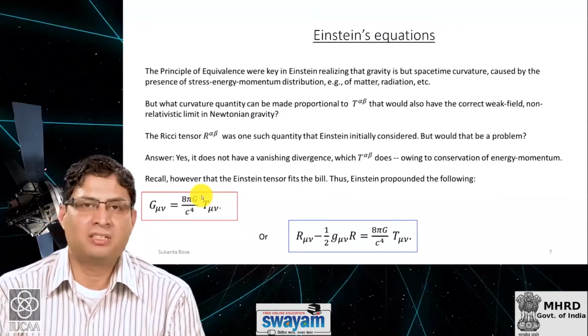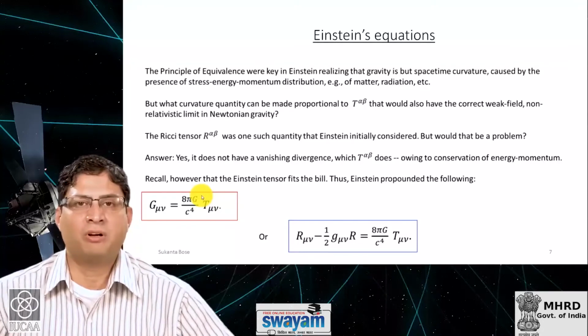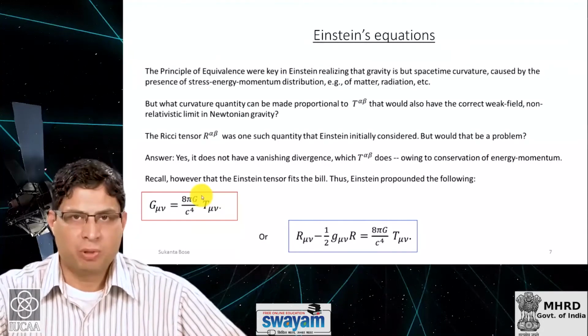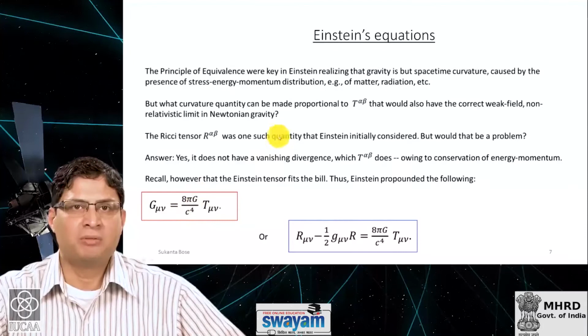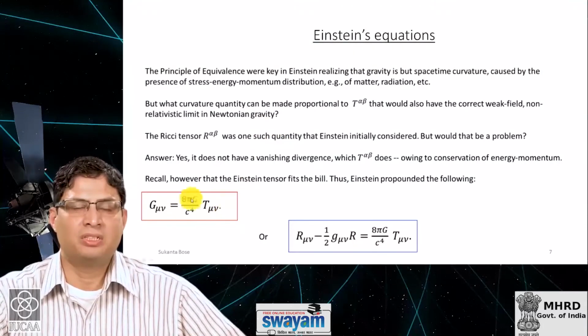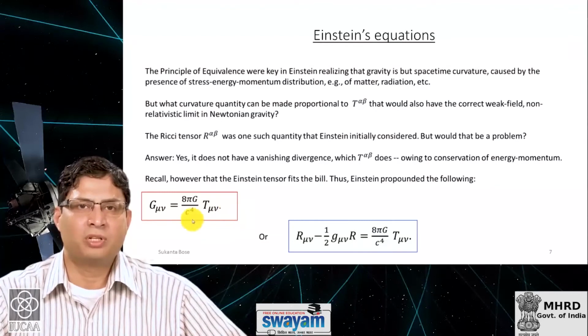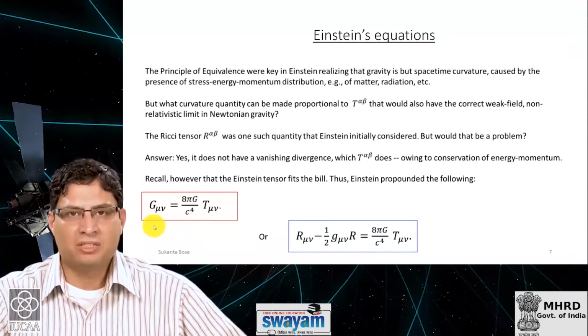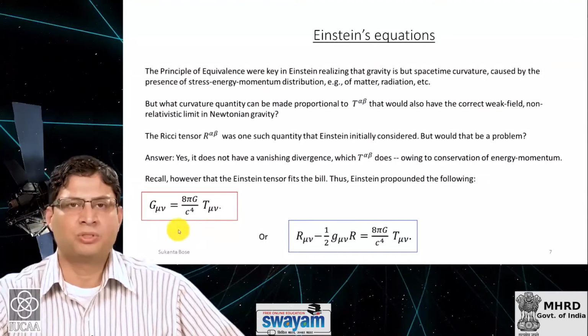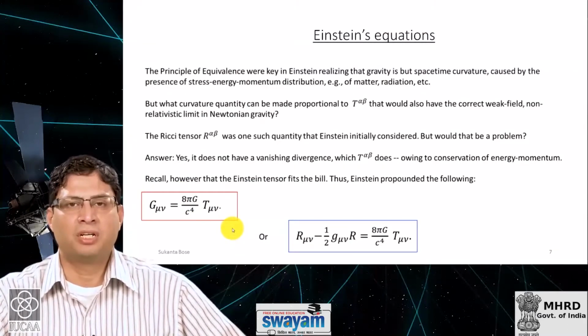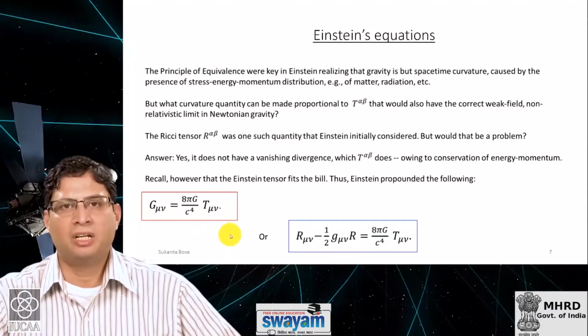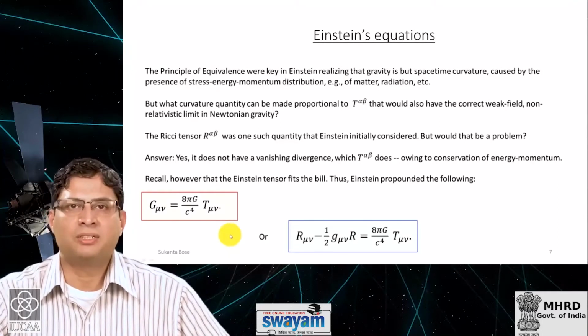There is another lecture that will be given by one of my colleagues who will explore this Newtonian limit of this equation, and when he does that, you will find that this proportionality factor has to be exactly this, so that the predictions of Einstein's equations of gravity are consistent with the predictions of Newton's law of gravity in the weak field non-relativistic limit.